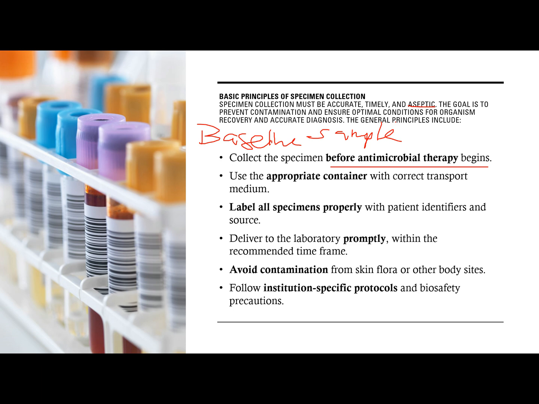Usually, class, in a baseline sample, the patient has not yet taken any form of antibiotic. And remember, antibiotics would kill the bacteria. So it's very important that before the patient even starts taking antibiotics, you have already collected the sample to prevent any erroneous result.